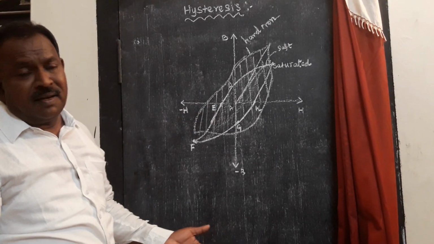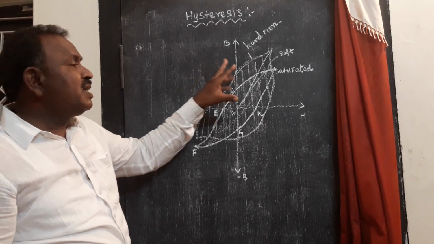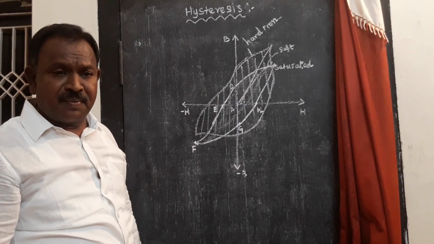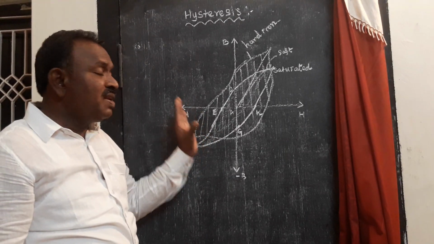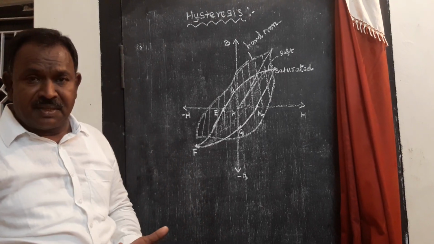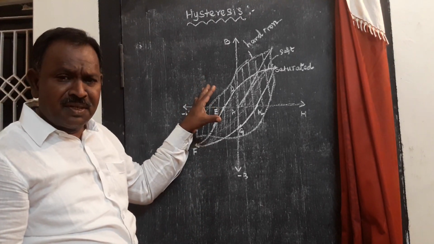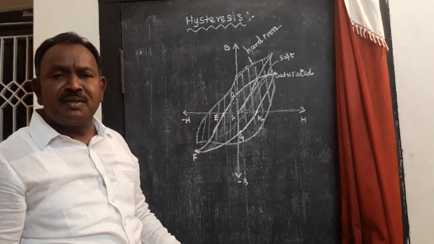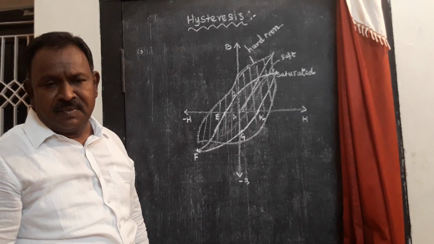On the other hand, if a hard iron or carbon iron is taken through a cycle of magnetization, it will have a hysteresis loop which will enclose a larger area, which tells that a large amount of energy gets wasted when hard iron is taken through a cycle of magnetization.